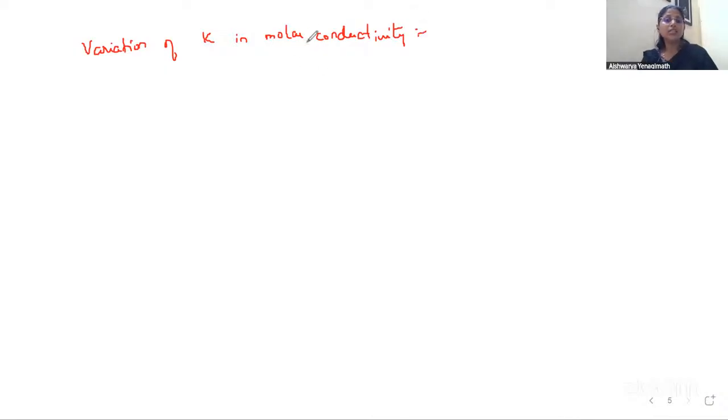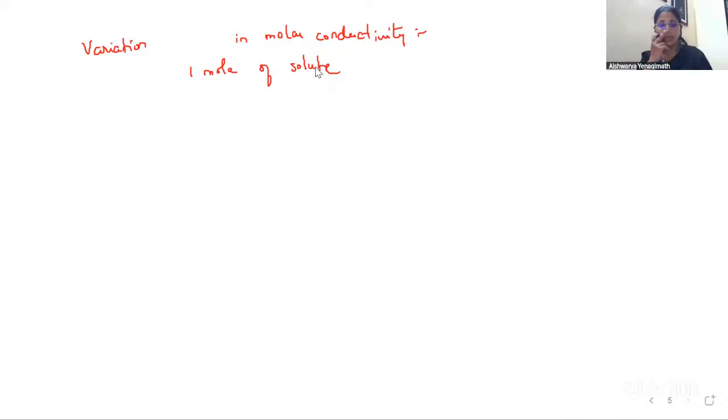So let us understand the variation. See, conductivity per unit molar concentration means in that solution we have taken 1 mole of a solute. Molar concentration means 1 mole of solute, number of moles of solute dissolved in volume of solution. So we have taken 1 mole of solute here.